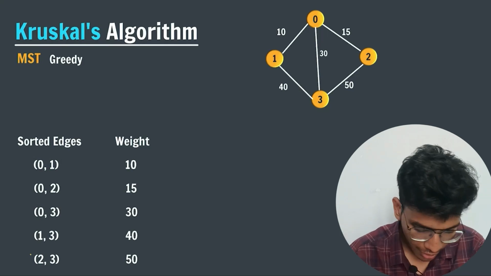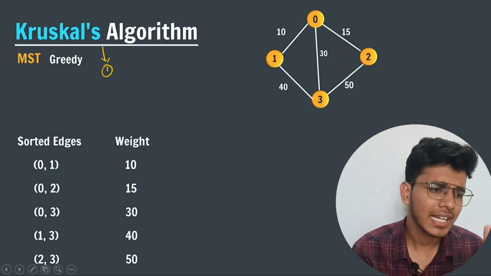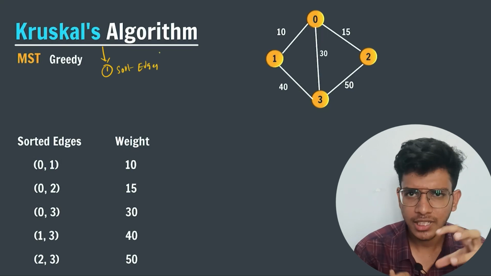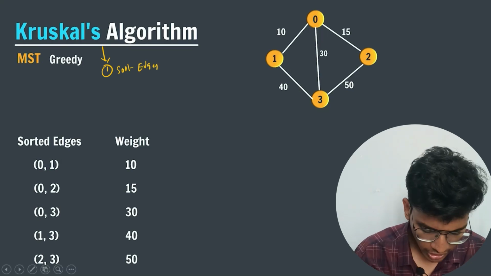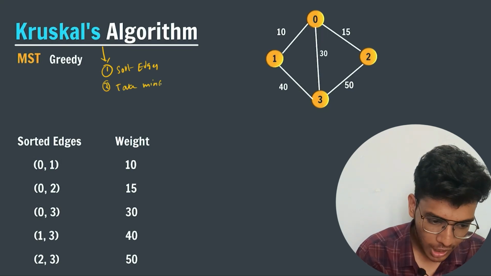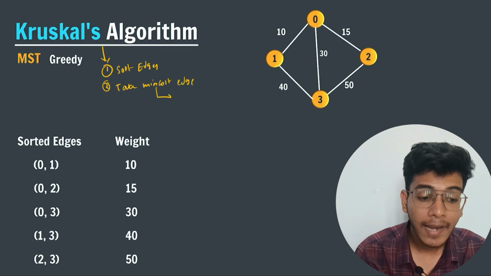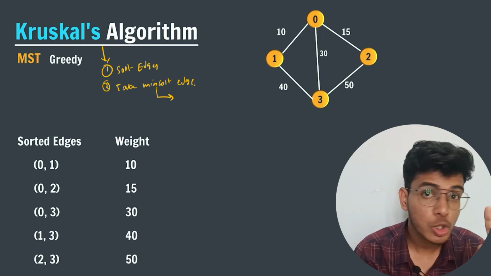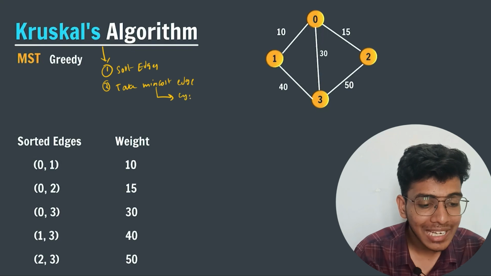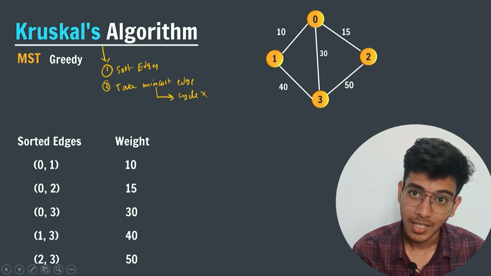And the approach of this algorithm is that, whatever the nodes you are having, whatever the edges you are having, sort those edges first, right? Take those edges, sort them, and after sorting, take the minimum cost edge. You should make sure in this process you should not take edges which can form a cycle, because if it is forming a cycle, then it is not a spanning tree itself, right?